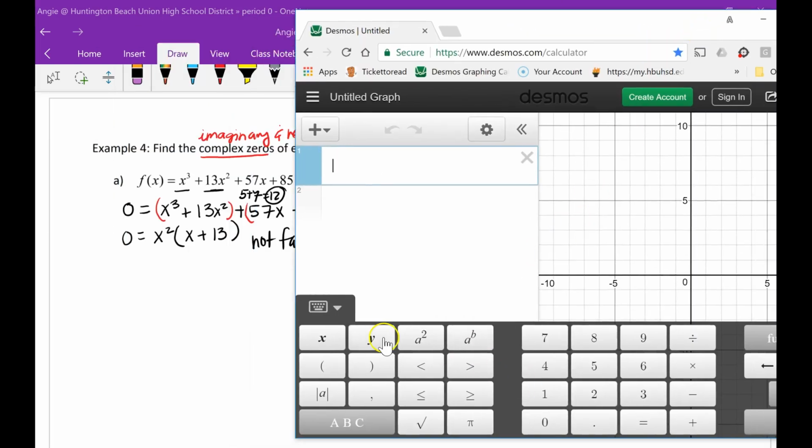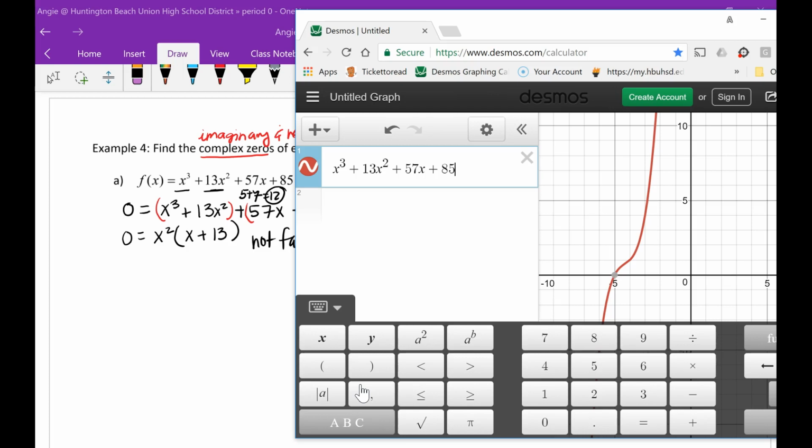It's x to the third plus 13x squared plus 57x and plus 85. Okay, so in previous notes, we are able to use a calculator and cheat a little bit.